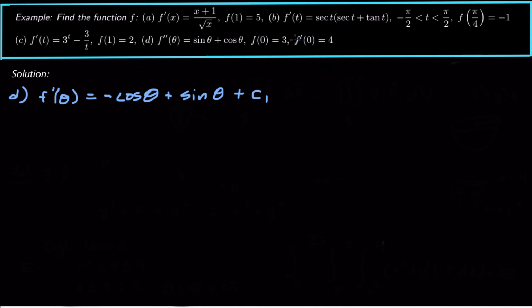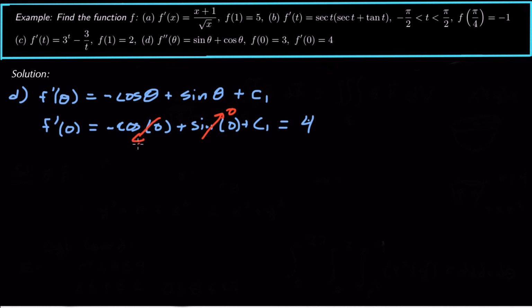All right, so we can use our condition on f prime to say f prime of 0 is equal to negative cosine of 0 plus sine of 0 plus C1 should be equal to 4. So cosine of 0 is 1, sine of 0 is 0. So this is 0.